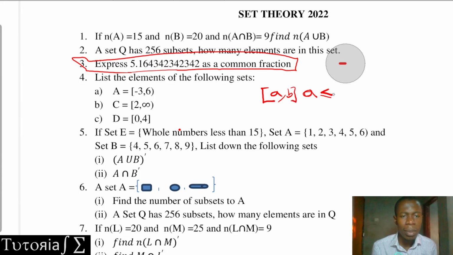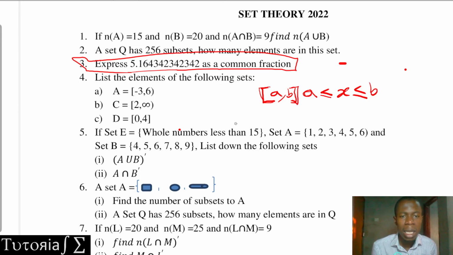And since this is closing here, we are closing with less than or equal to B. So these square brackets mean less than or equal to.